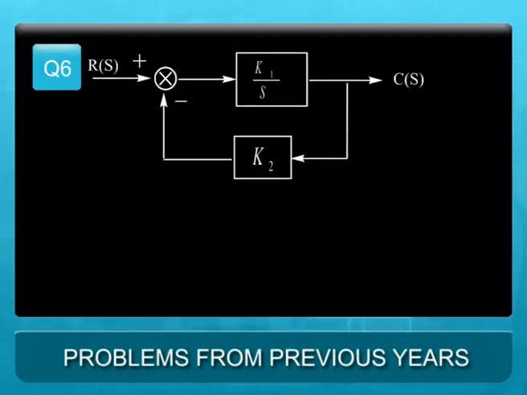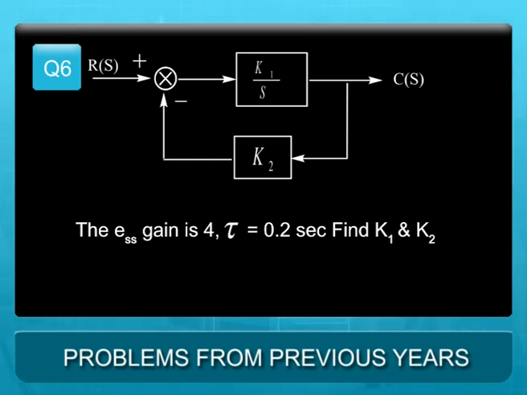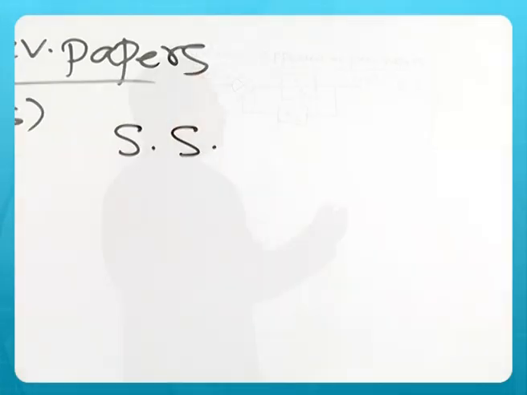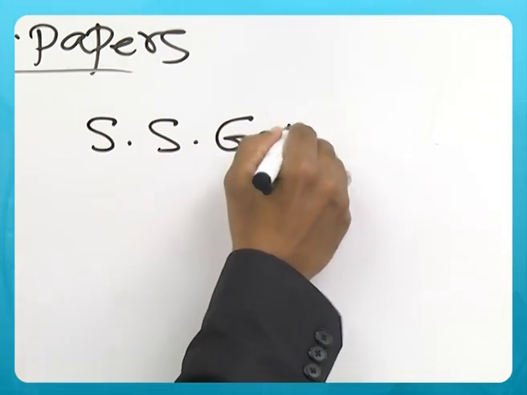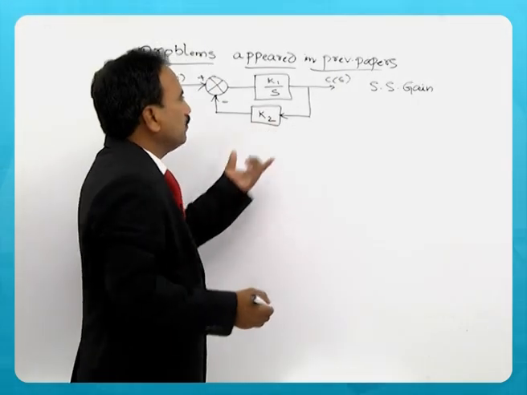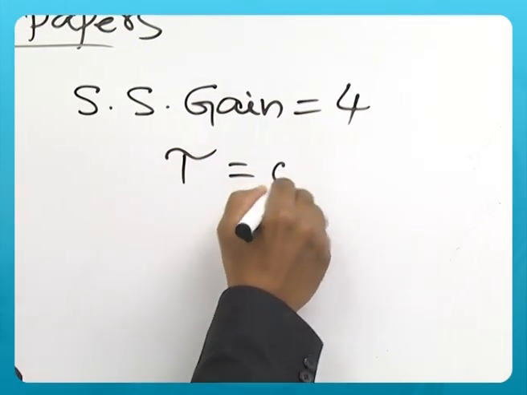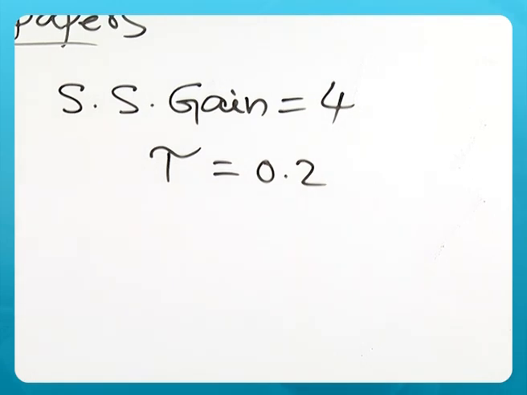For the system shown in the figure in the sixth problem, the steady state gain is given as 4 and the time constant tau is given as 0.2 seconds. Then find the values of k1 and k2. So the steady state gain of this particular system described by the block diagram is given as 4 and the time constant is given as 0.2.